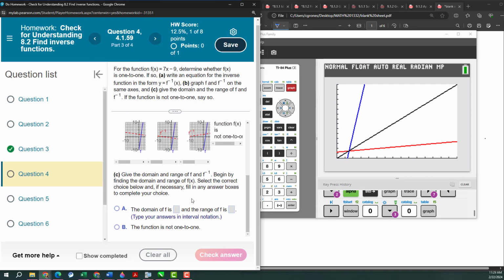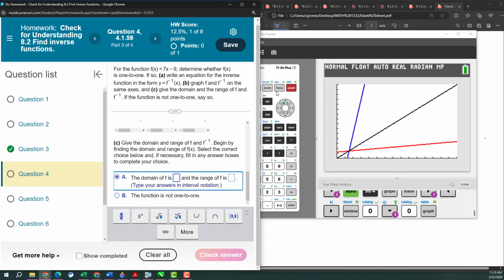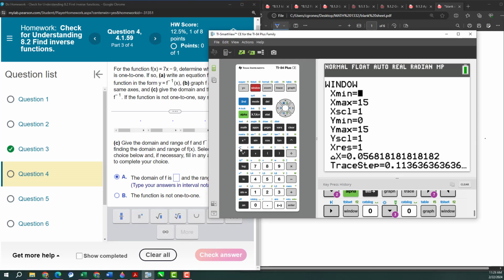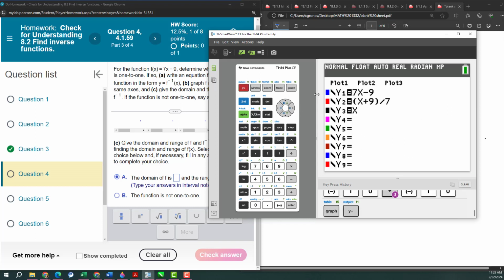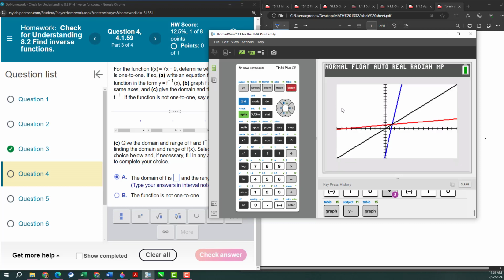All right, give the domain and range of the function and its inverse. Begin by finding the domain and range of f of x. All right, so let me zoom back out. And we can see that the domain of our function is going on and on and on.